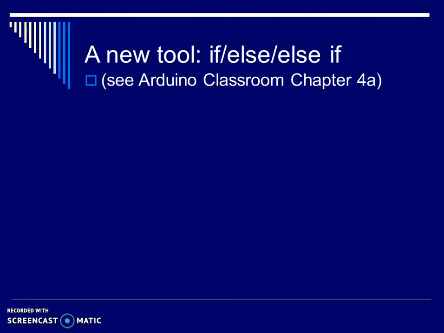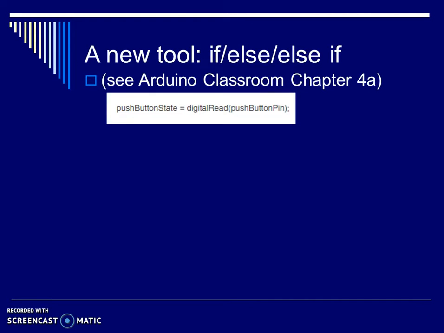So what we'll need to do is we will look at first this idea of the state of a given push button. So we'll read the push button from a given pin, and then assign a push button state based on that, either high or low.